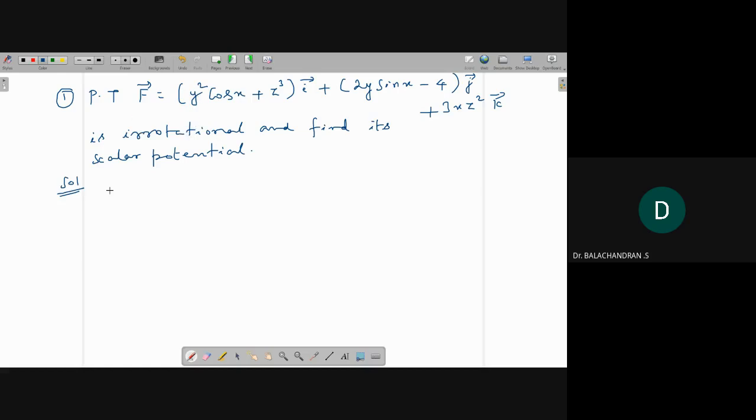Okay, so there are two parts. One is you should prove that the given vector is irrotational. So that means I need to prove del cross F vector equal to 0.